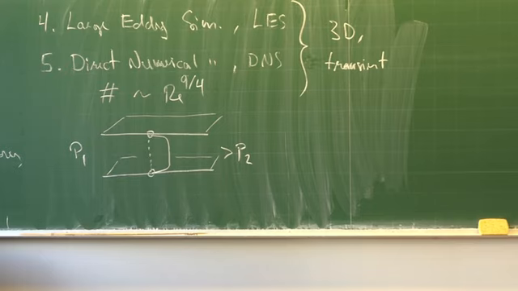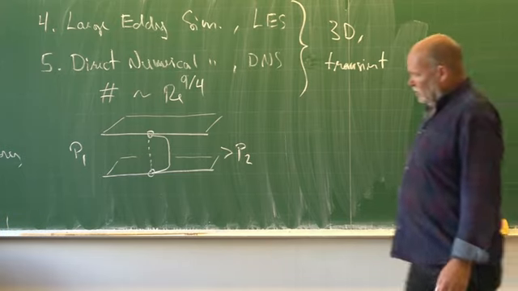And then at a given time, you have one example of a solution of the Navier-Stokes. But that's just one example. Then you simulate further in time, and you get a totally different solution. That's also a solution to the Navier-Stokes. So you have to have thousands of different solutions to the Navier-Stokes and then create a good average.